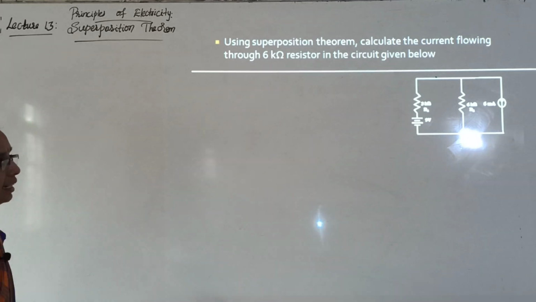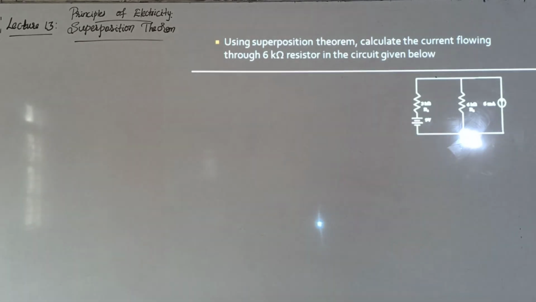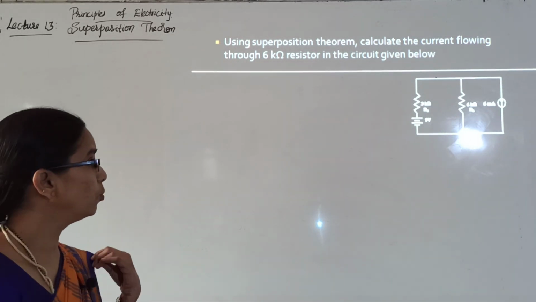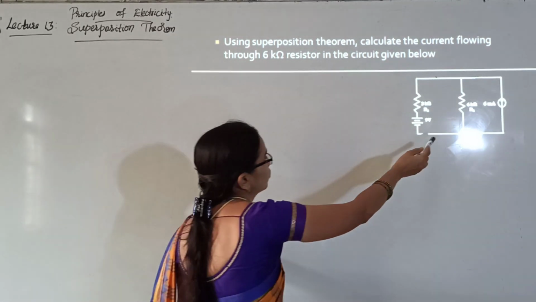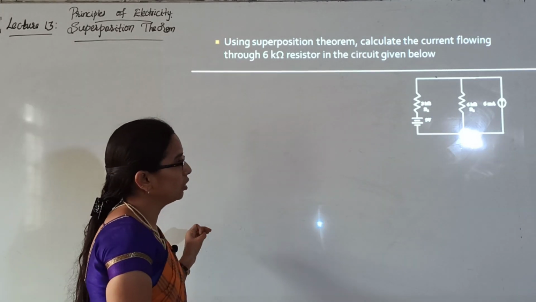You have to calculate the current flowing through the 6 kilo ohm resistor, that is here in the circuit given below.